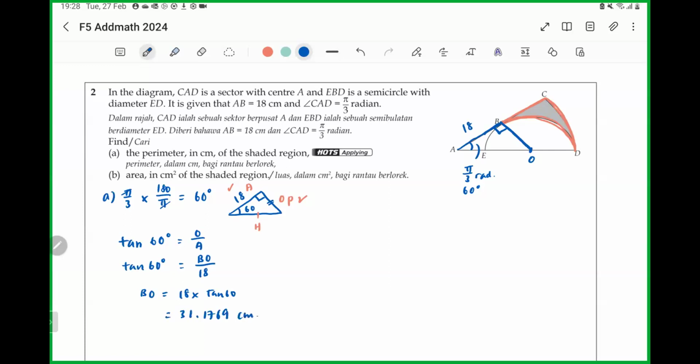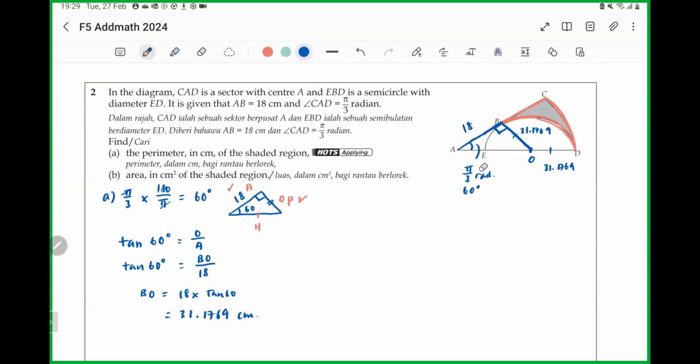So far until this step, okay or not? Why tangent 60? Because this one is given here, CAD is pi over 3 radian.